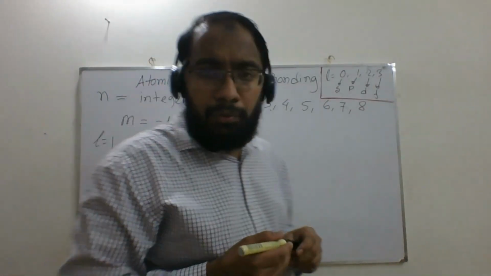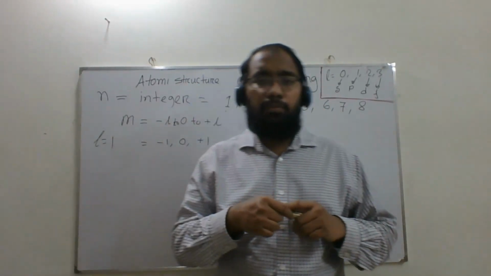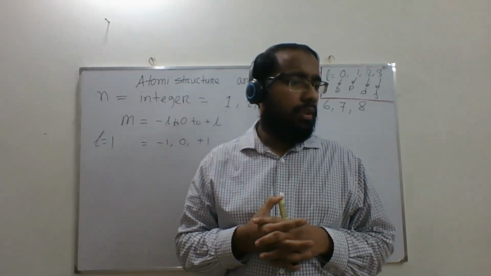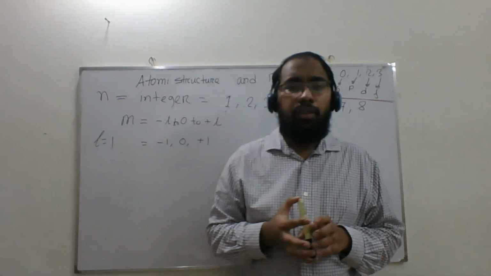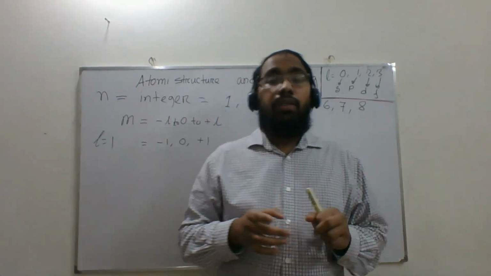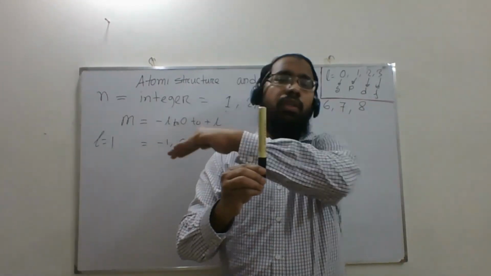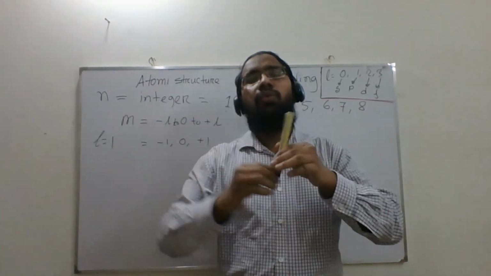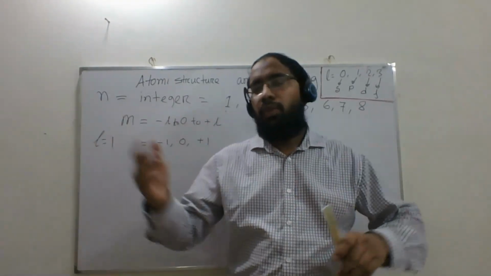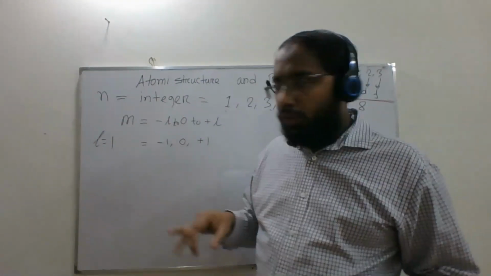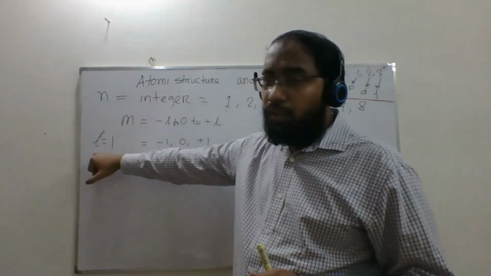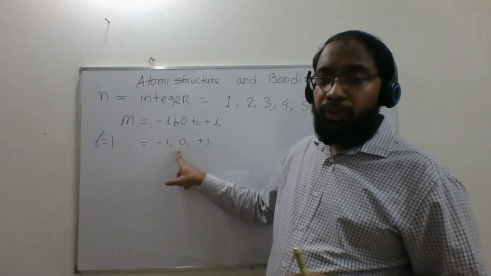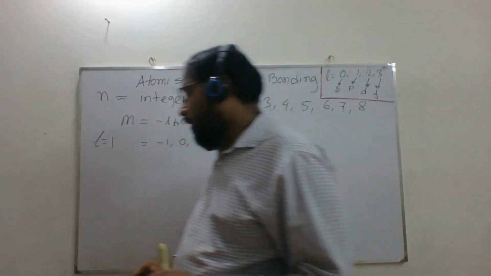Because if you want to go from negative to positive, then we must tackle the 0. Otherwise, you cannot go from -1 to +1 or -2 to +2. So as a result, we need to include the 0. So the value of m is always -l, 0, to +l. That means if l equal to 1, then it is -1, 0, +1. Okay, I think it's clear.